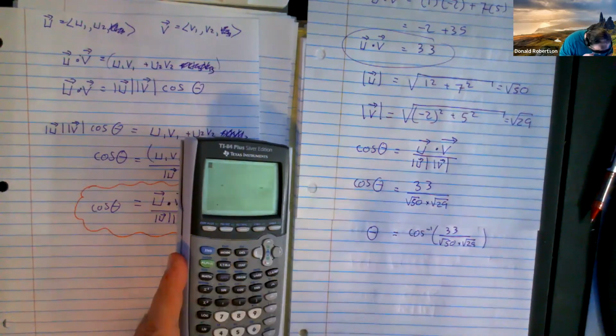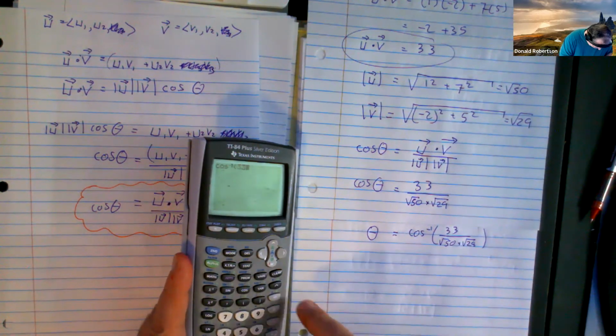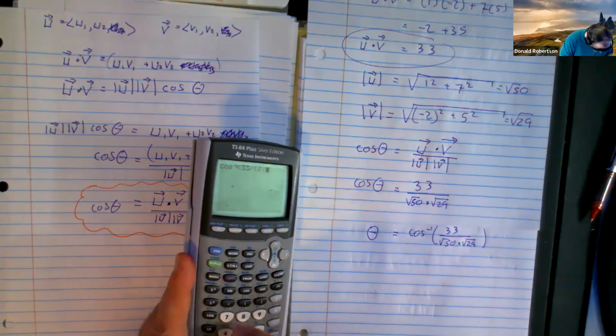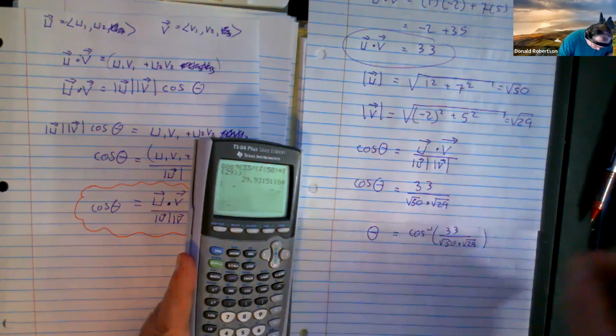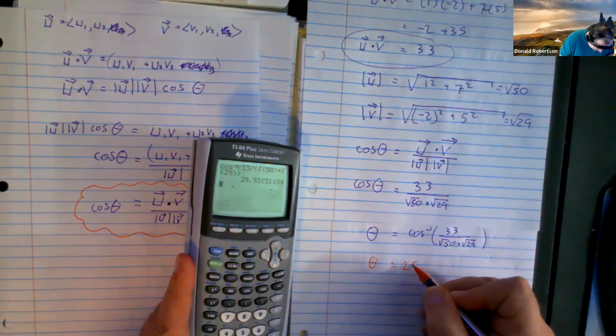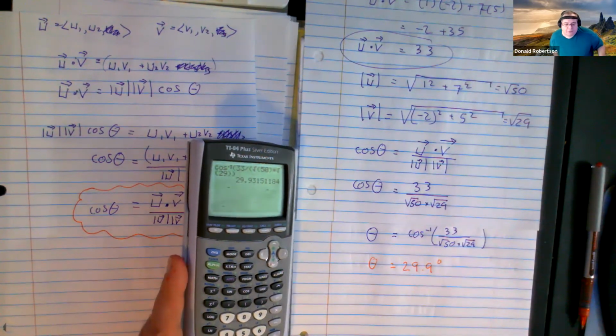So inverse cosine, 33 divided by square root of 50 times square root of 29. And the answer is 29.9 degrees to 1 decimal place.